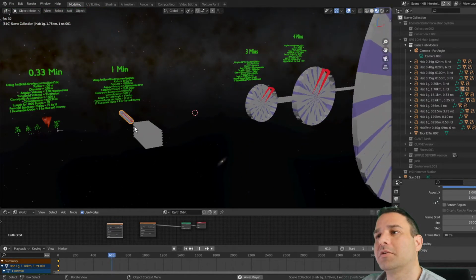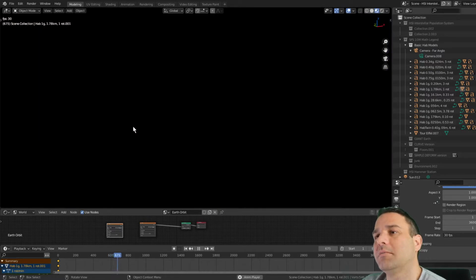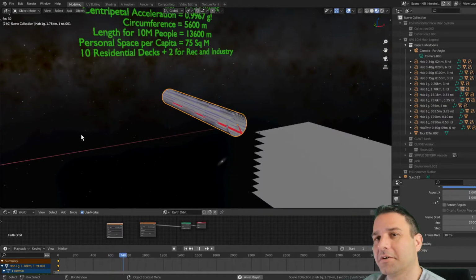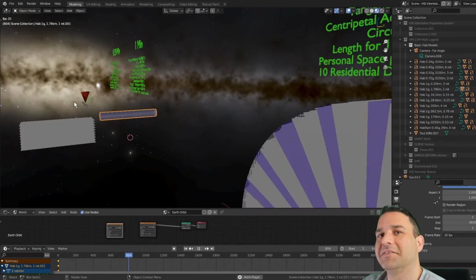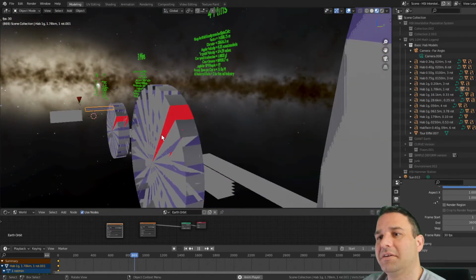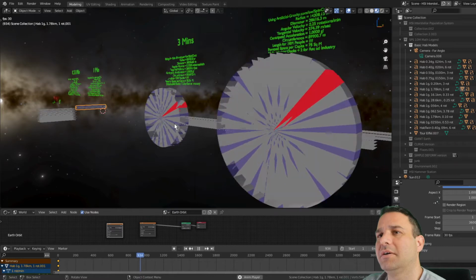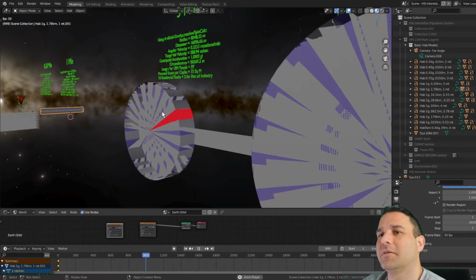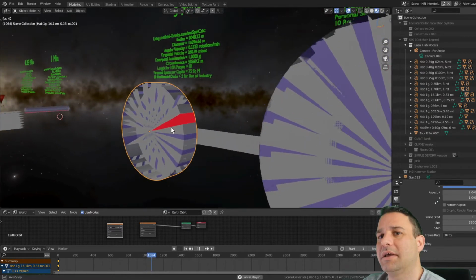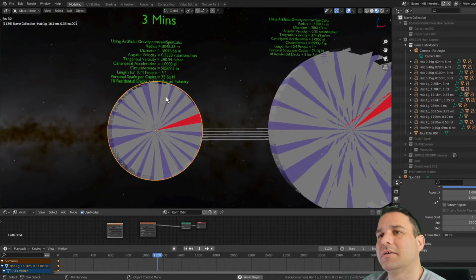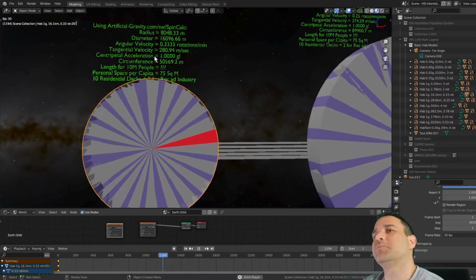If you start scaling up, it really is hard to see things at this scale. But here are some other examples that are much, much bigger.